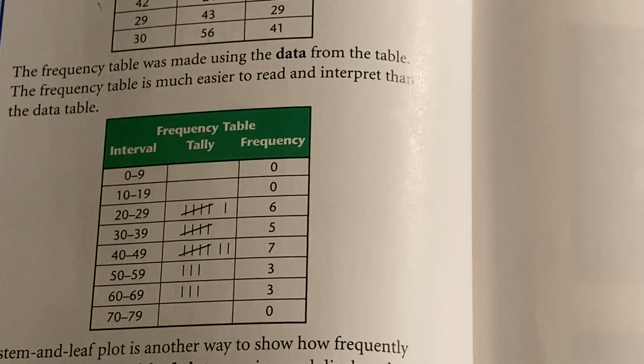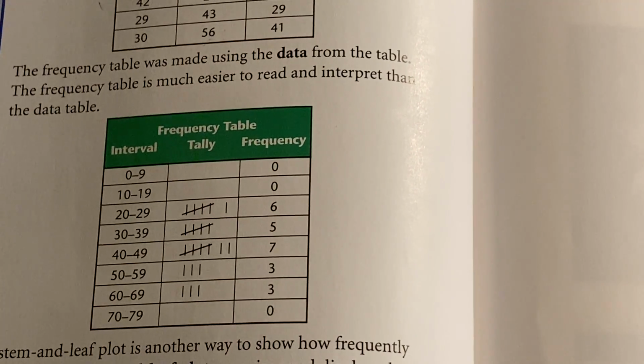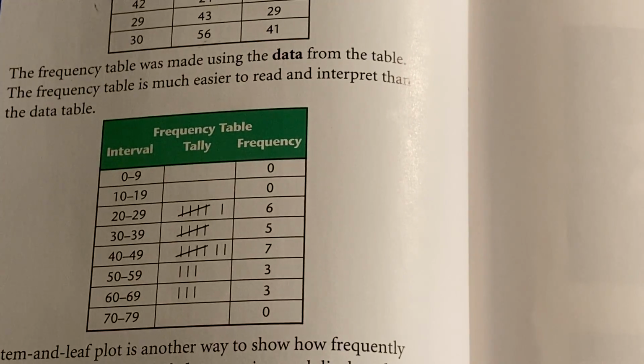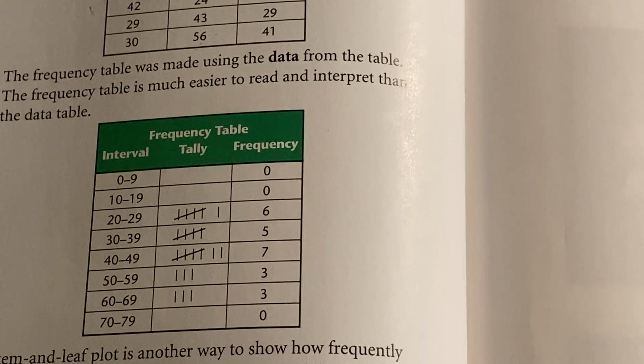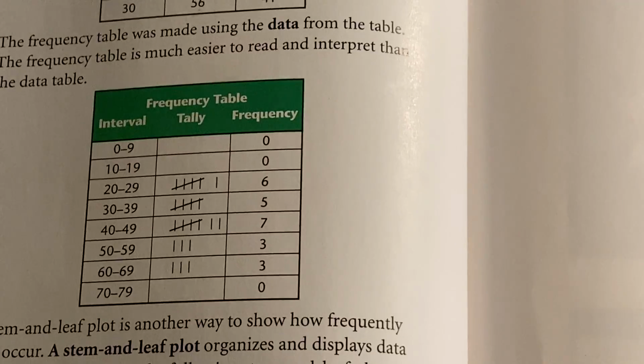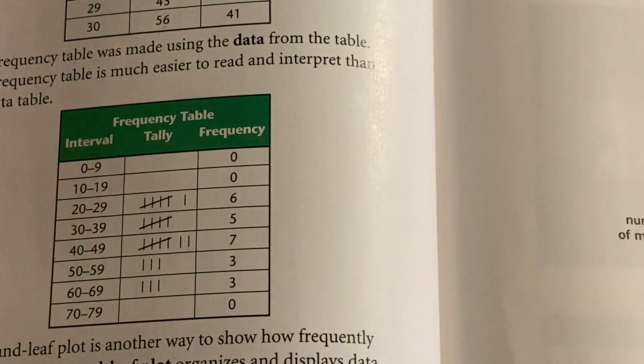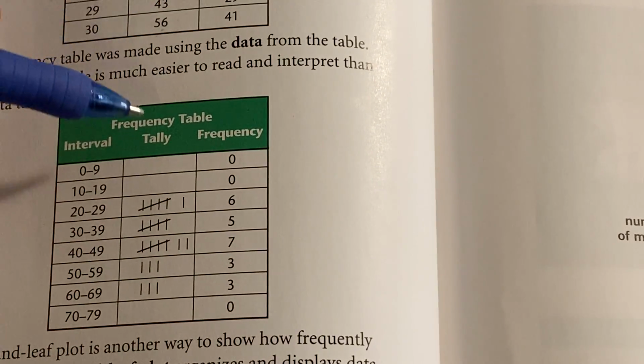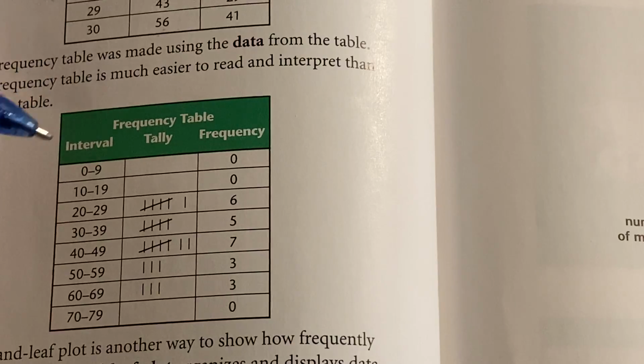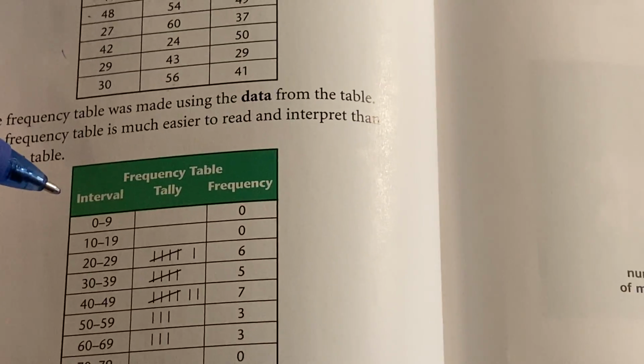Okay, so the frequency table below was made using the data from the table above. The frequency table is much easier to read and interpret than the data table. So that's just what we were talking about. So what's going on here is what we call a frequency table.